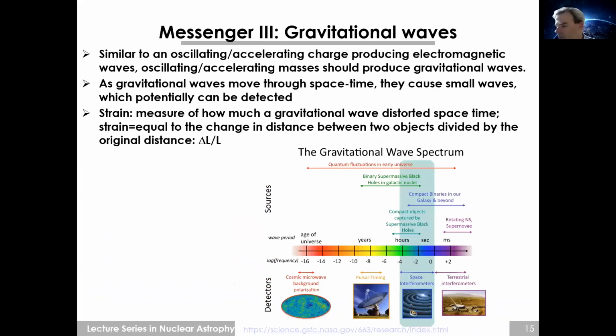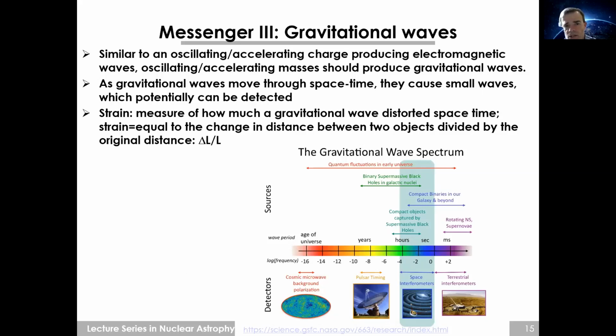And this brings us to the third messenger, which is probably the most recent one. This is looking at gravitational waves. So similar to an oscillating or accelerating charge producing electromagnetic waves, oscillating and accelerating masses should produce gravitational waves.